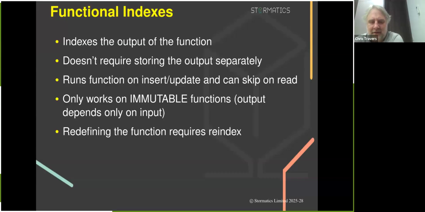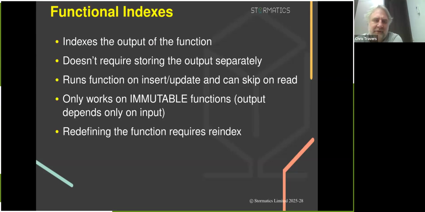If you want that in the return list, it will still calculate it again. But if you're not going to return it, you're only using it for ordering or searching, then there's nothing to be gained by storing it in the table separately, right? And that means that it runs the function when you insert or update, but it can skip running it on read.